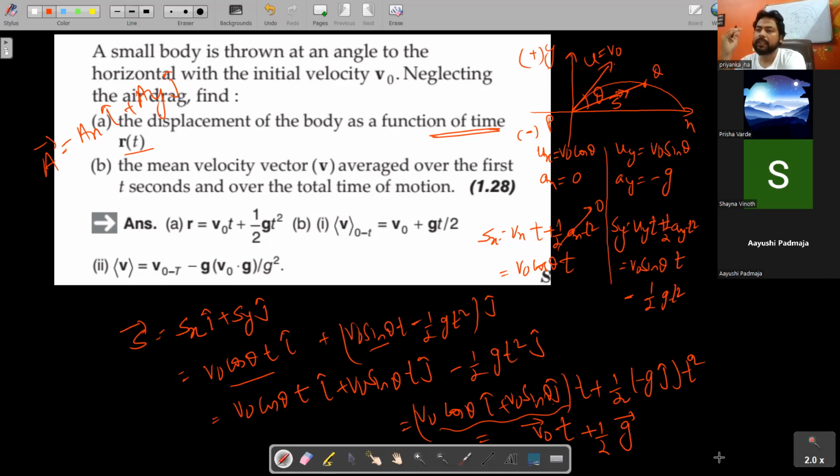A vector is a quantity having two things, magnitude as well as direction. So this g vector has magnitude g and direction minus j, downward, and then t square. Did you understand? I hope you must not have done it in this way, but now did you understand? Note it down.